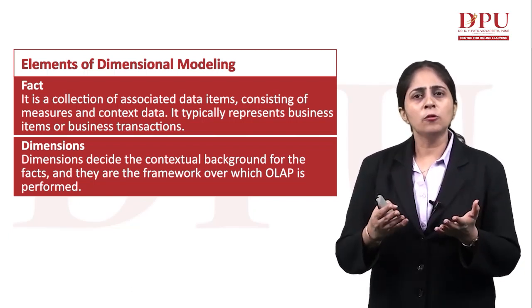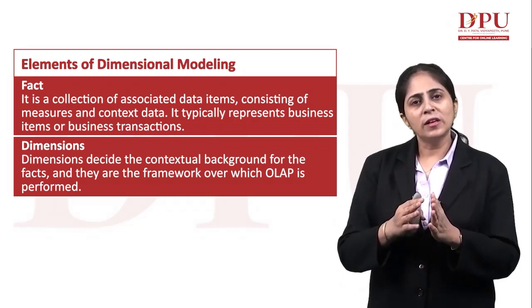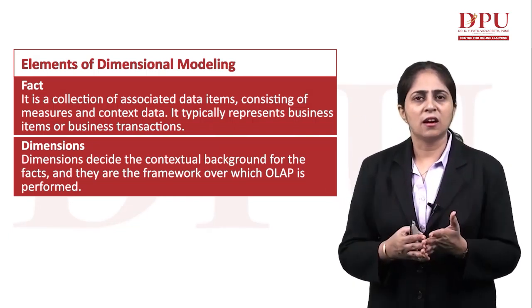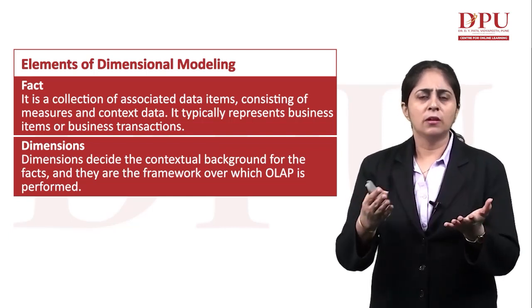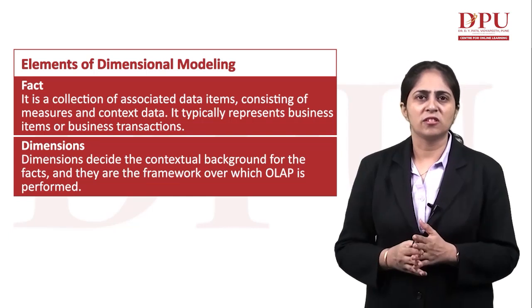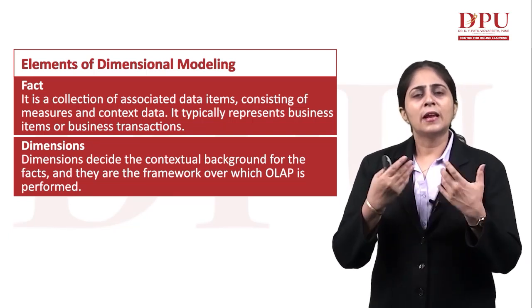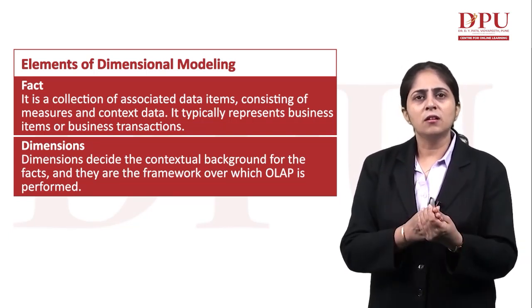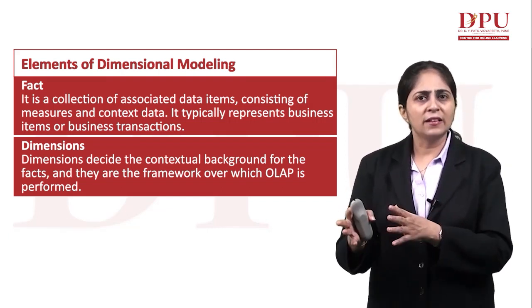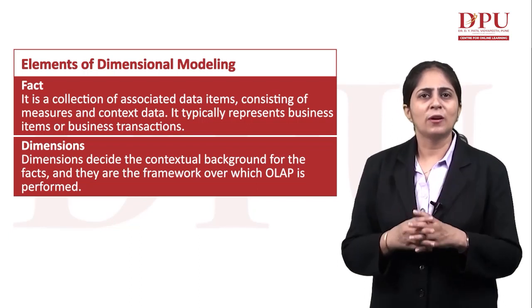We might want to see the location of it. So location is the second dimension according to which we can view our data. Location can be like Mumbai, Bangalore, Calcutta, Delhi, any location. Similarly, we can have another dimension like the price. So what is the price of the item? Depending on that, that can be one dimension.